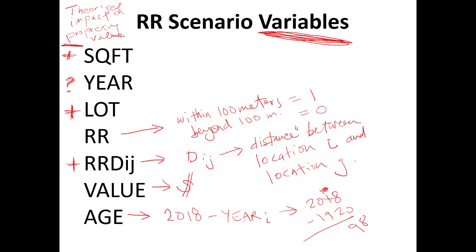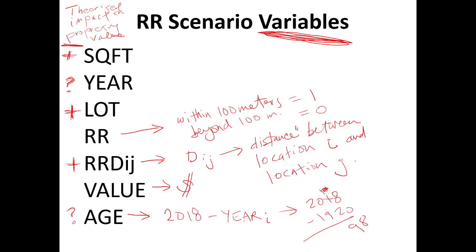And then for value, we're already asking questions about that. And for age, again, we're not really sure because it's basically like year, except instead of giving us the year, so 1920, for instance, we have just calculated how old was the house in 2018.